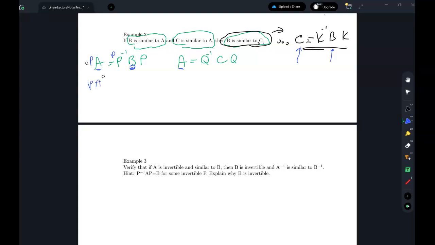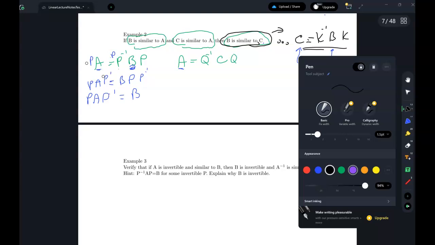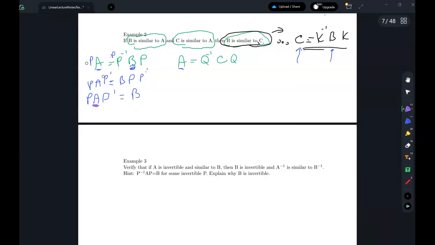So PA, and then P times P inverse is just a 1, BP, and then if I multiply both sides on the right by P inverse, I get PA P inverse is equal to B. So now what I'm going to do, get some colors here. I'm going to substitute in for A this. Okay, so here we go.